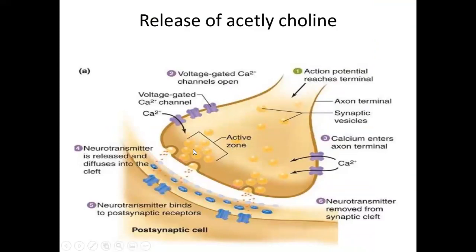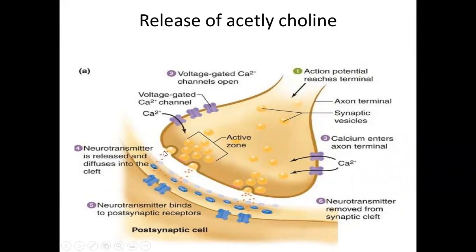Here we say this is the vesicle. Because of the action potential, the voltage gated calcium channels activate and the neurotransmitter is released. And here is the postsynaptic cell.